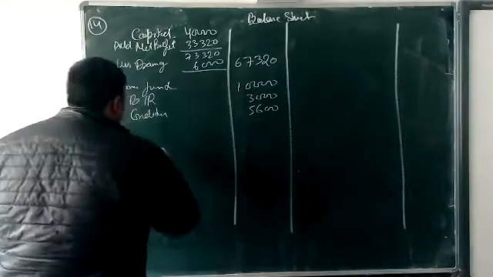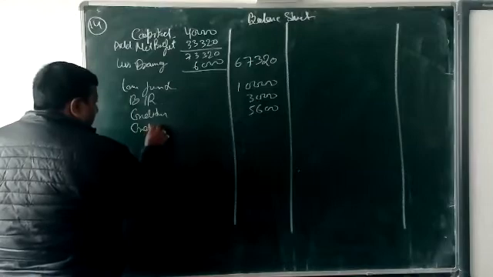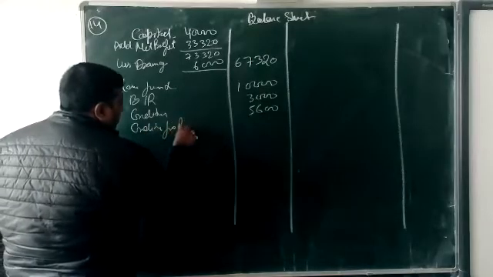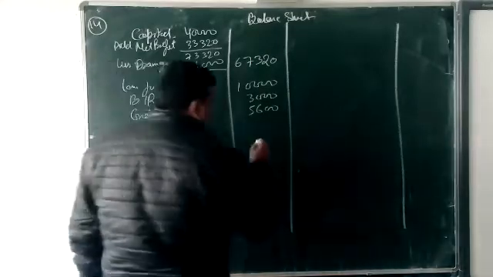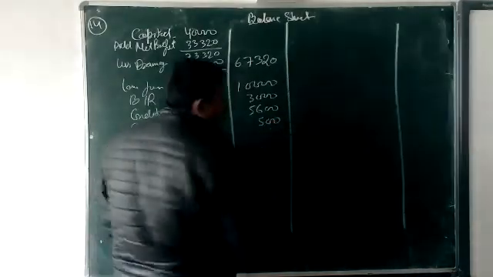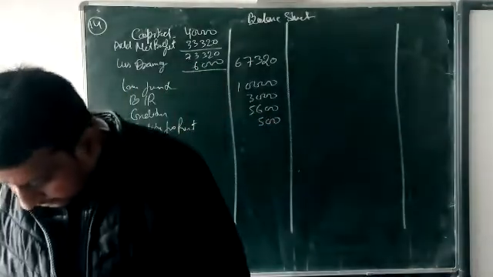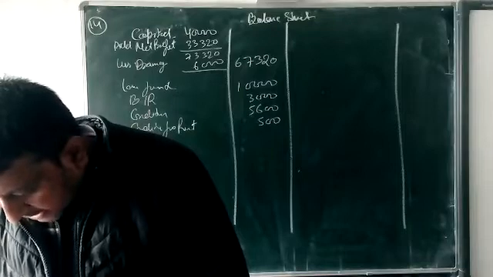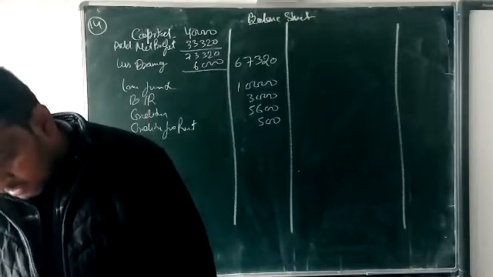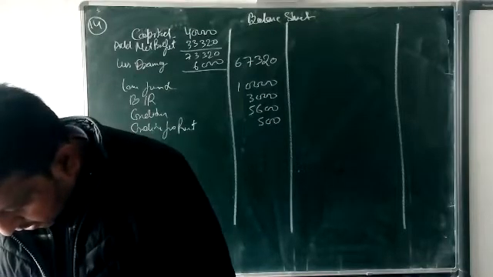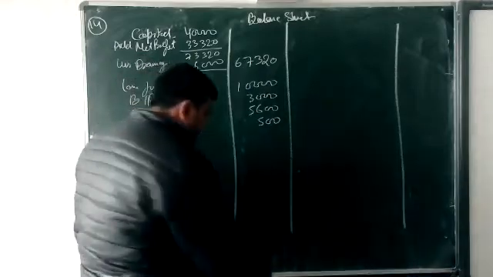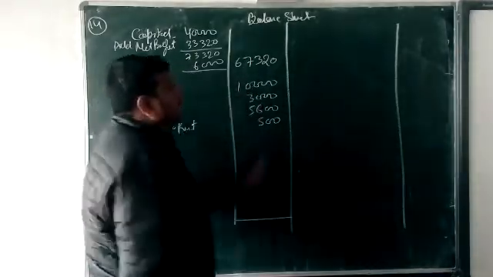Next. Creditors for rent, 500. Okay. Next. Anything else? Nothing, beta. Go for the asset side.